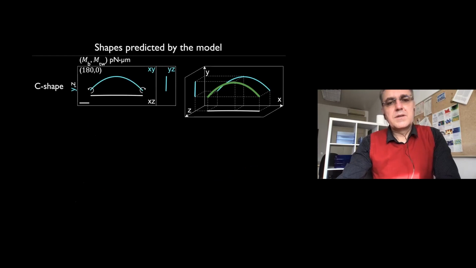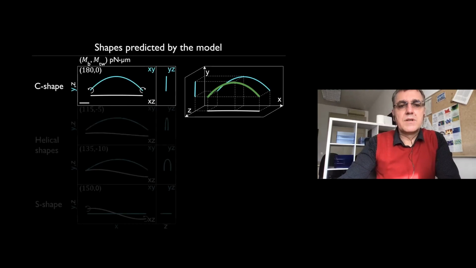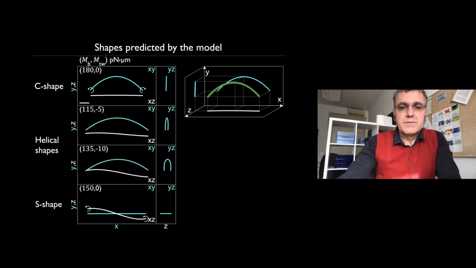When we calculate the shapes by using this model, we actually get a variety of shapes. We could get this C shape. We could get some shape that extends in 3 dimensions.